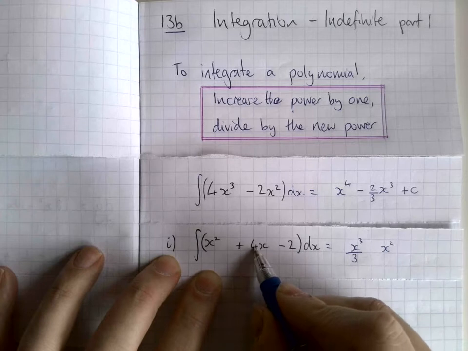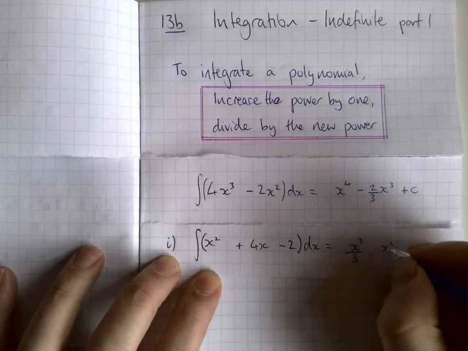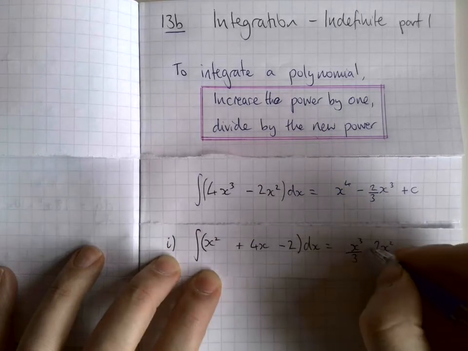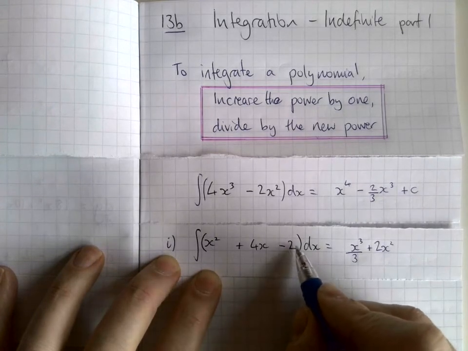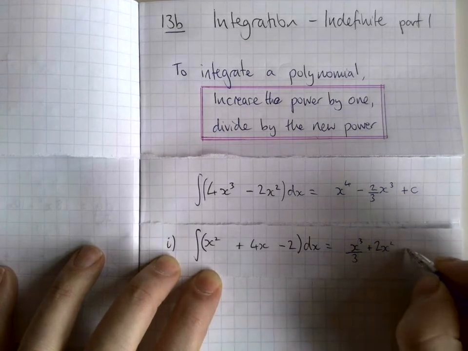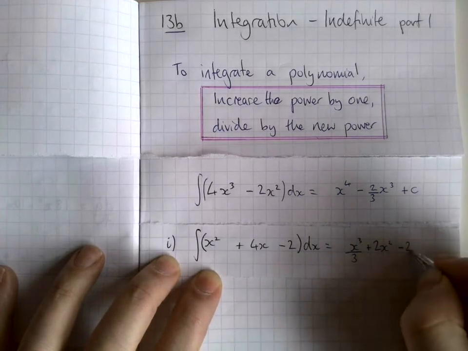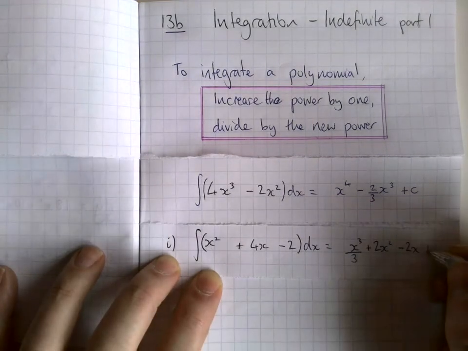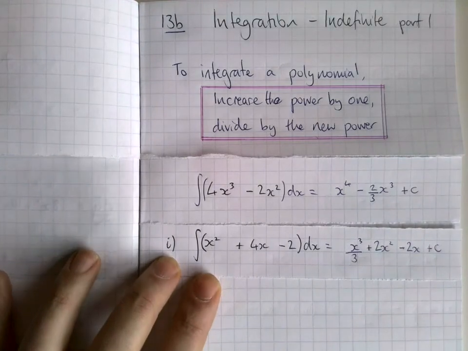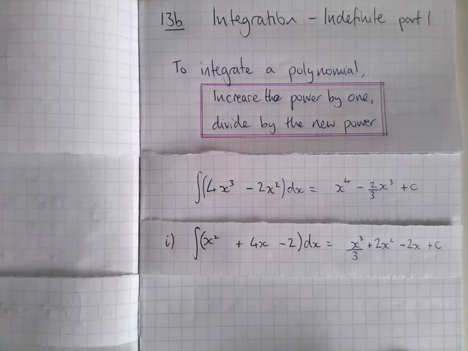Increase power by 1. Divide that by the new power. 4 divided by 2 is 2. And that was positive. And then this is, well, there's no term here, it's x to the power of 0. So that's going to just go to x. So minus 2x. And did you remember that? Has it caught you out already? Or do you remember it? There we go. That's the first of those ones.